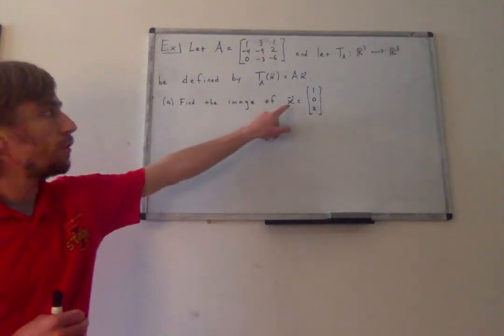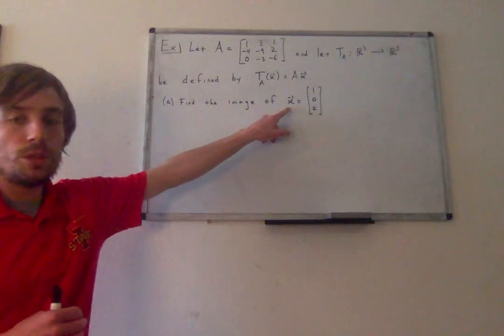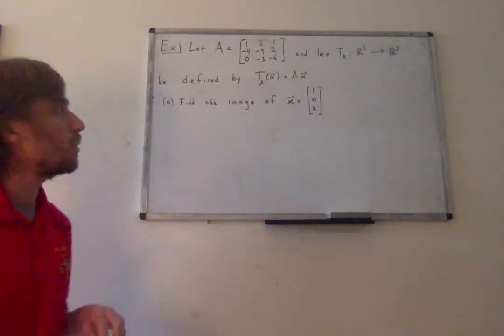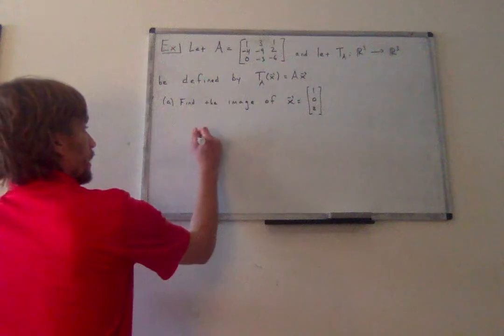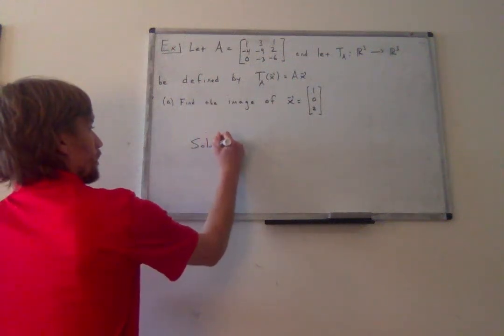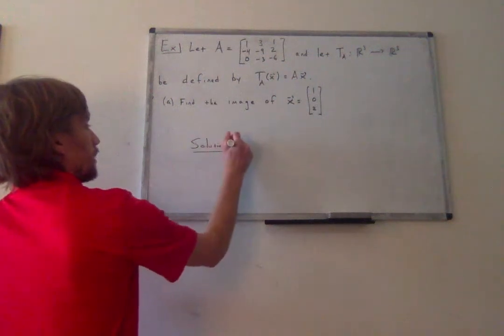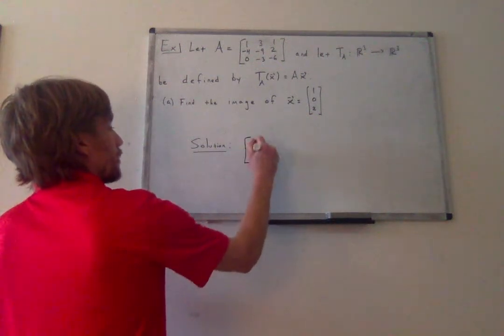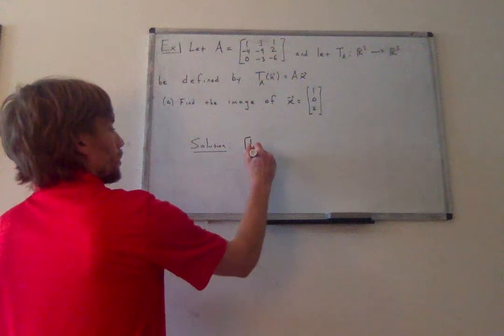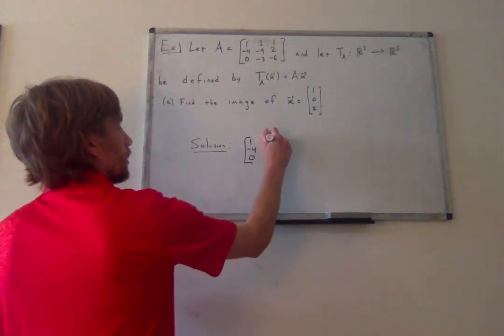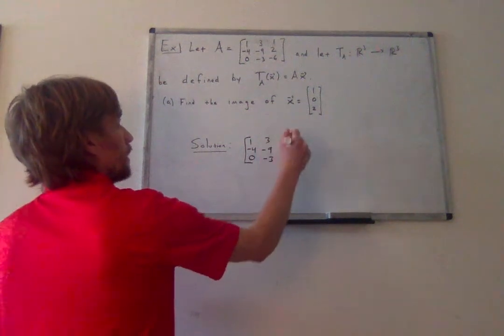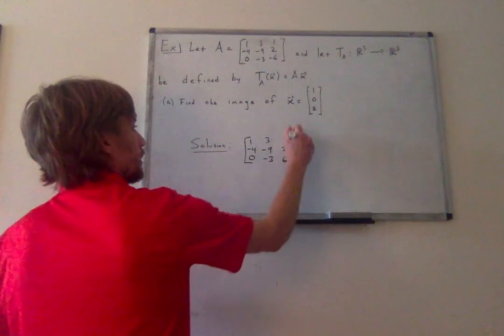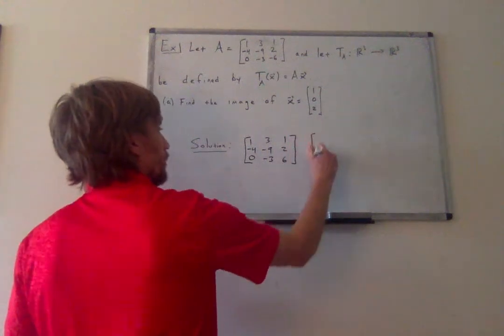So remember, the image of x is just equal to T of x, which is just equal to A times x. So here, the solution to part A, well, the image of x is just equal to, again, A times x, which is the matrix 1, 4, 3, negative 9, negative 3, 1, 2, 6, times the vector x.